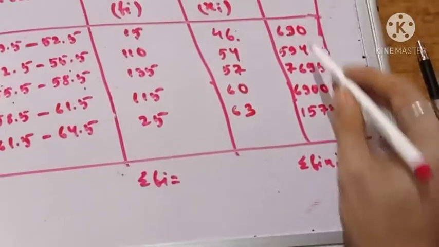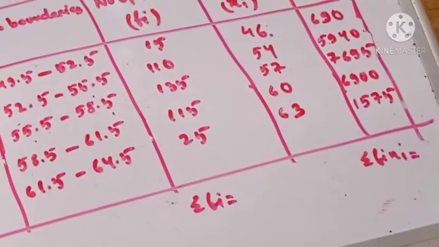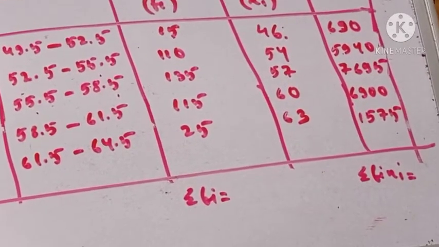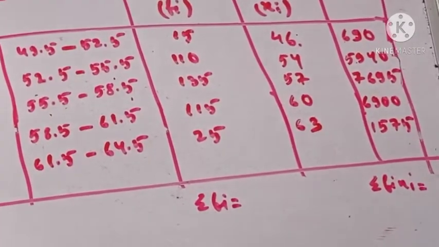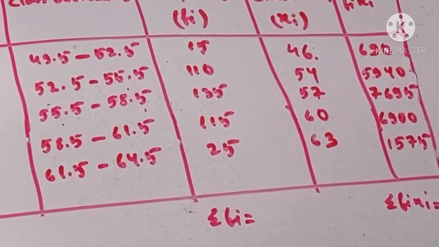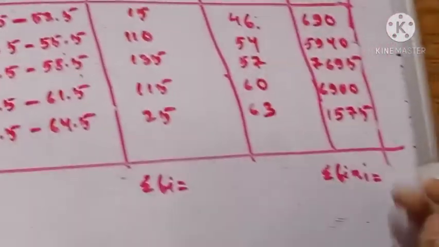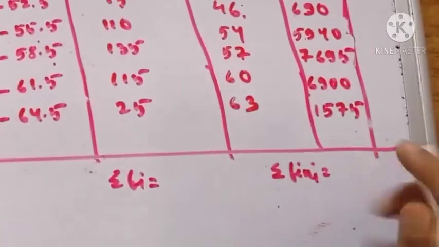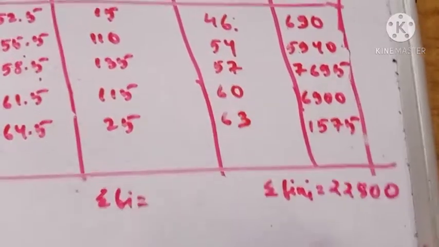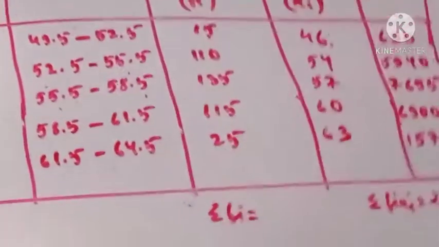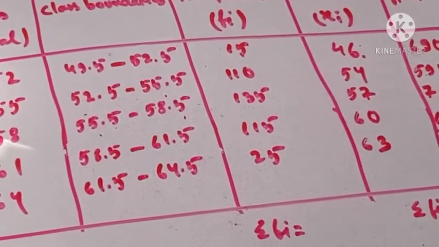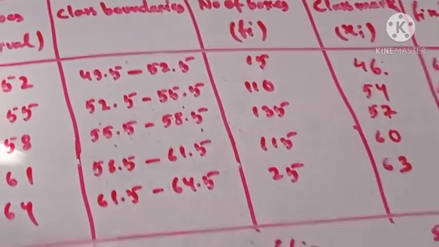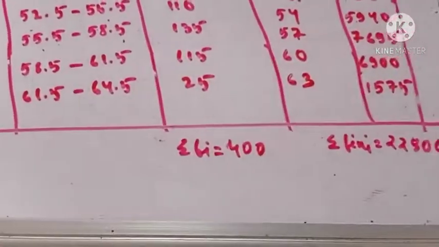Adding the whole thing, I will get summation of fi xi equals 22800. And the summation of fi is 15 plus 110 plus 135 plus 115 plus 25, which equals 400.